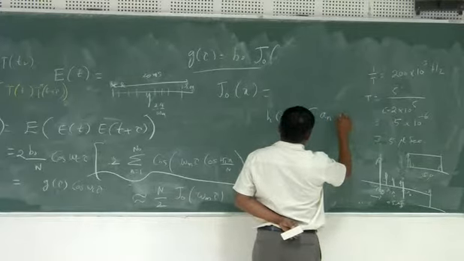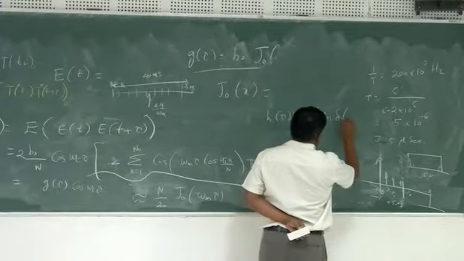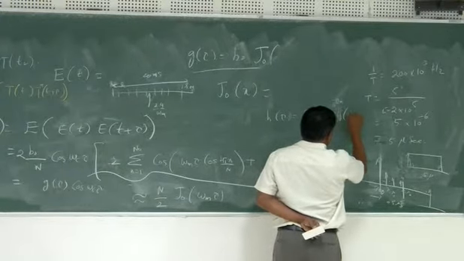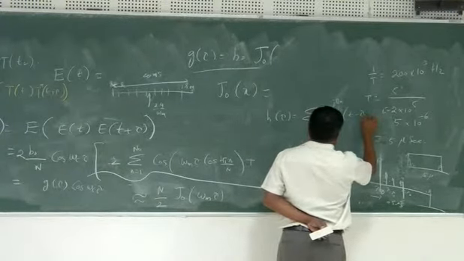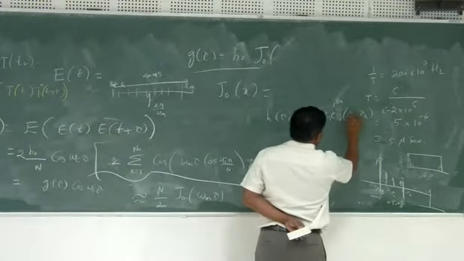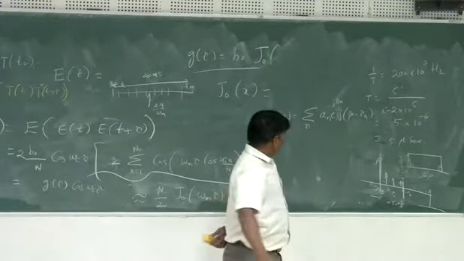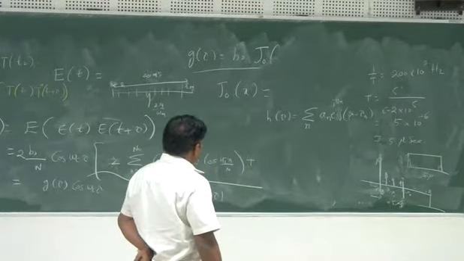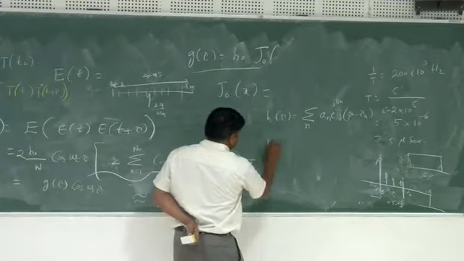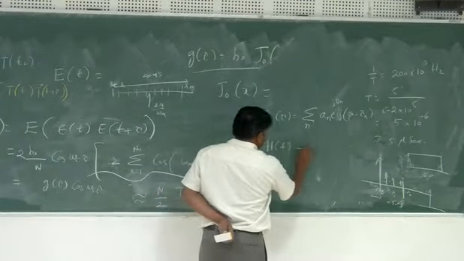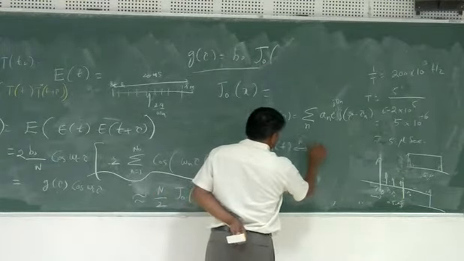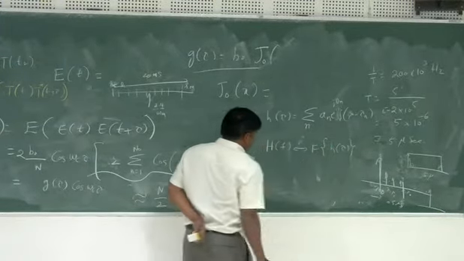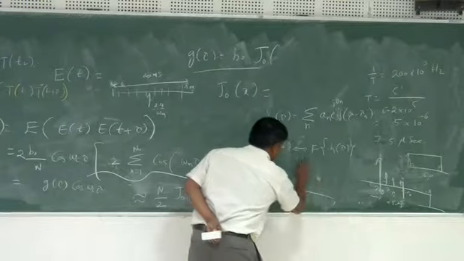We have, remember, h of tau, the impulse response, tau minus tau n, something like that. And h of f is the Fourier transform of h of tau, and let us plot it.